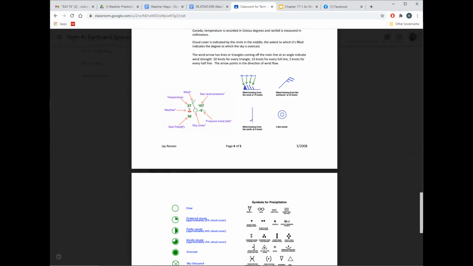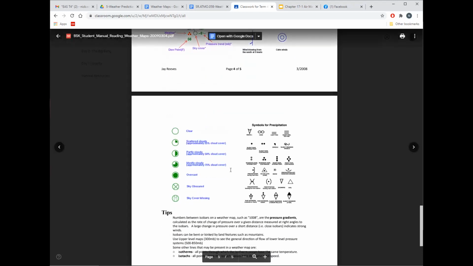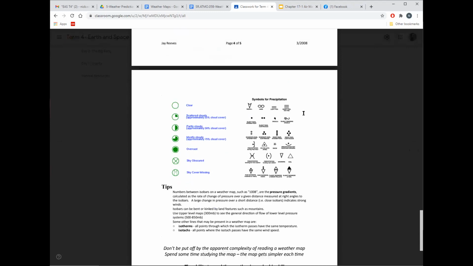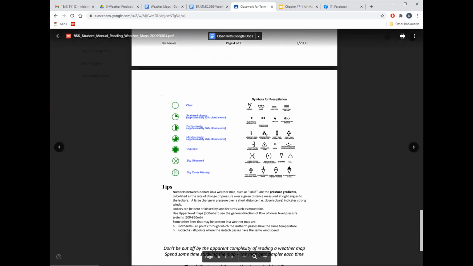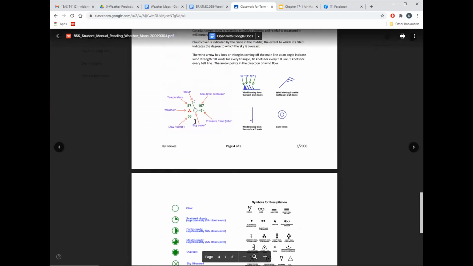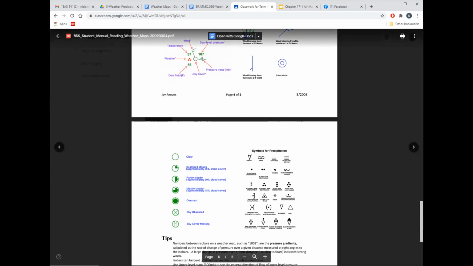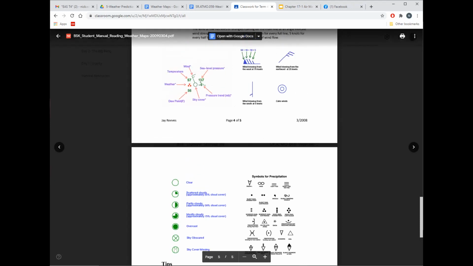Off the left, you see the weather, and you can look right here and see all the different symbols, from slight rain to everything. The 3 dots right here means moderate rain, continuous. So it's a rainy day right now. We can see that the pressure is dropping, so that means it's falling, low pressure, and that's backed up by the 3 dots, which means it's got some moderate rain.